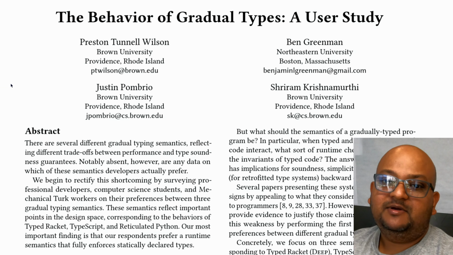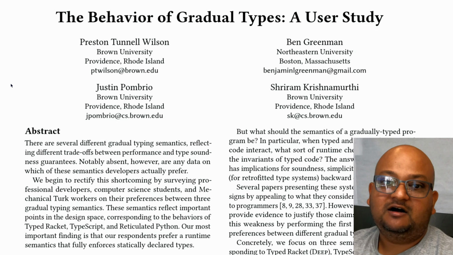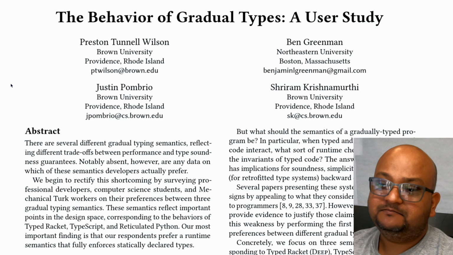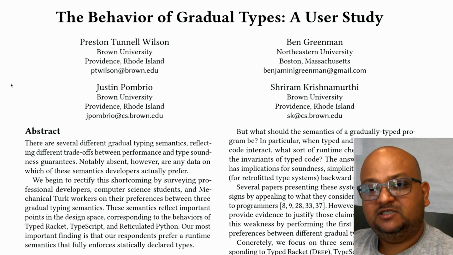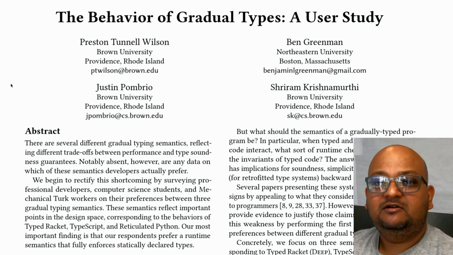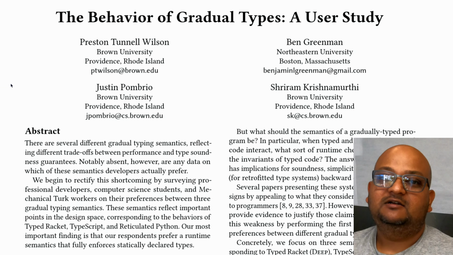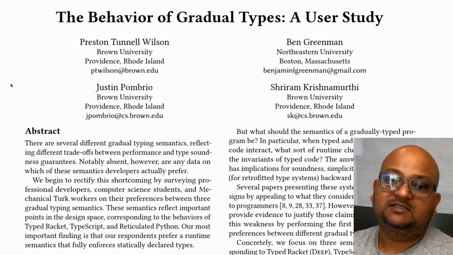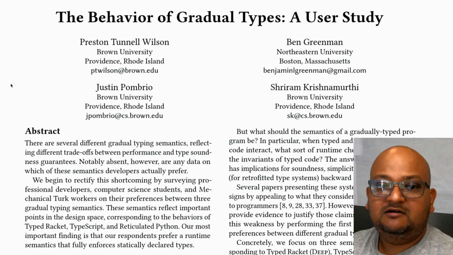Now, gradual typing has become quite popular recently, especially with the rise of languages like TypeScript, and one can see why. Dynamically typed languages like JavaScript or Python are really popular. They offer programmers a quick and easy way to do things, but as your program size grows, dynamically typed languages tend to yield code bases that are hard to maintain.